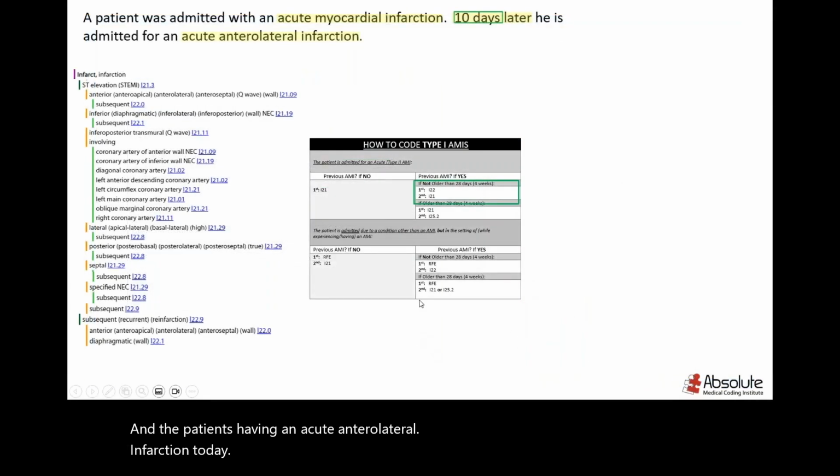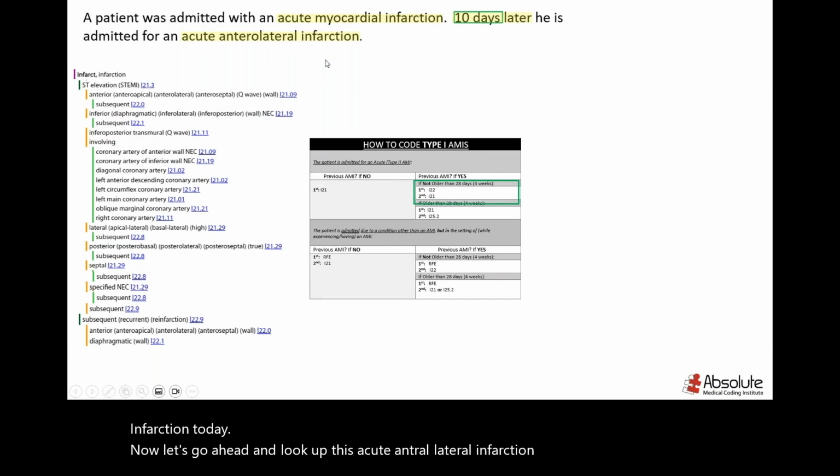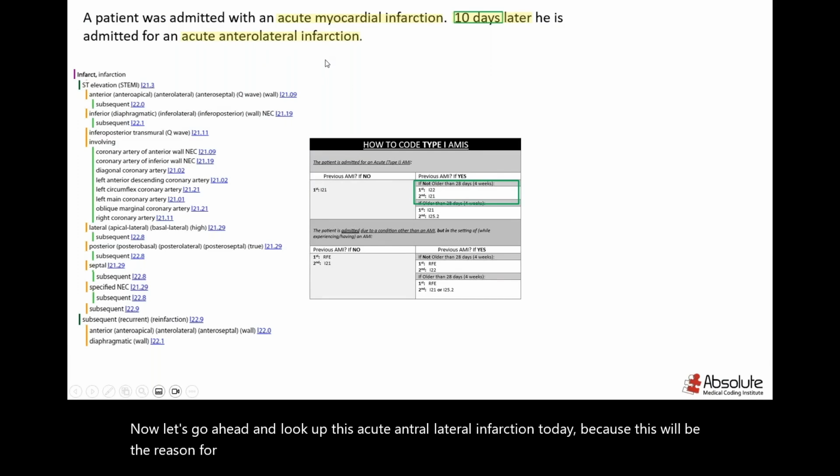Now let's look up this acute anterolateral infarction today, because this will be the reason for the encounter. We're going to sequence it first. So let's look up infarction, subsequent.